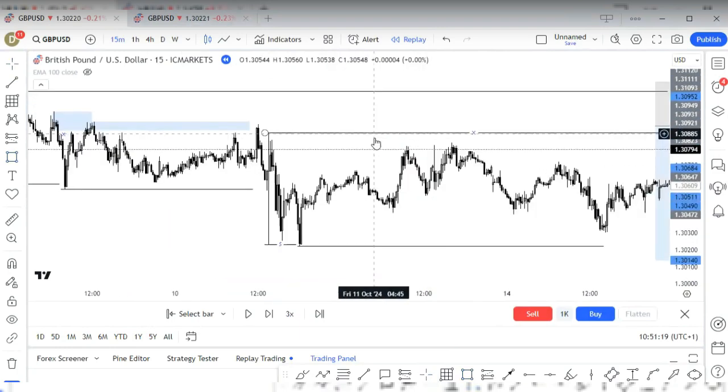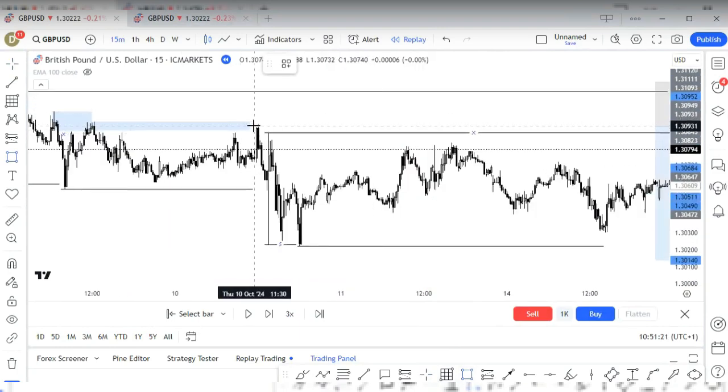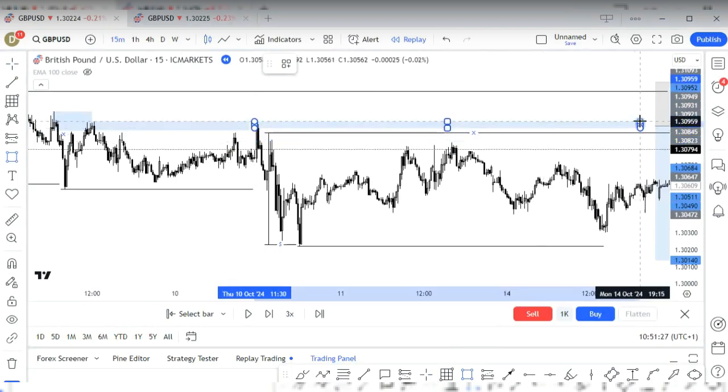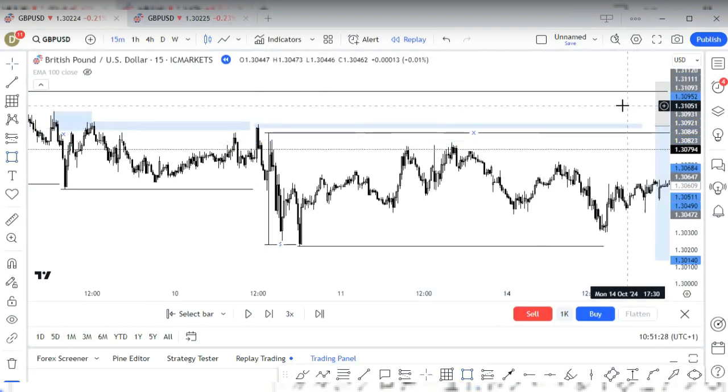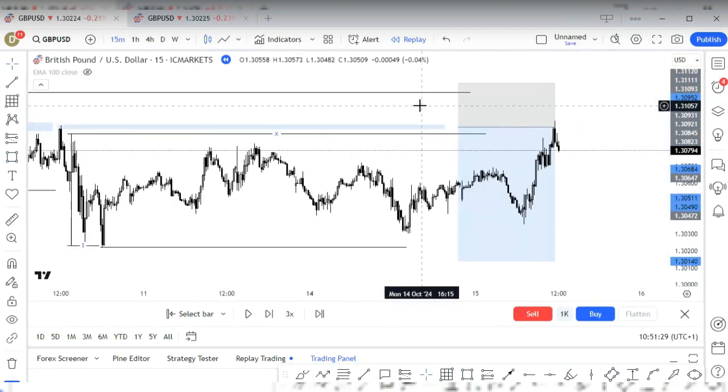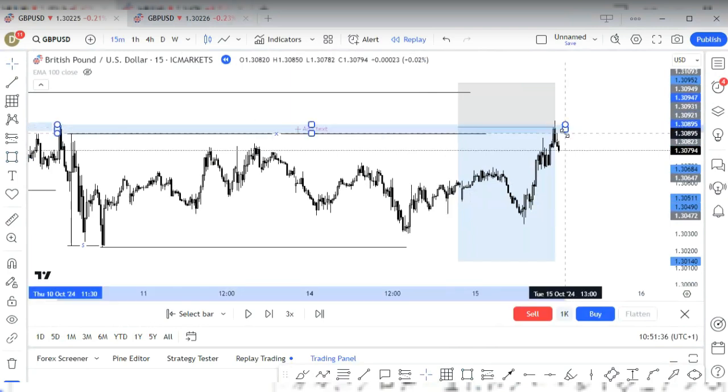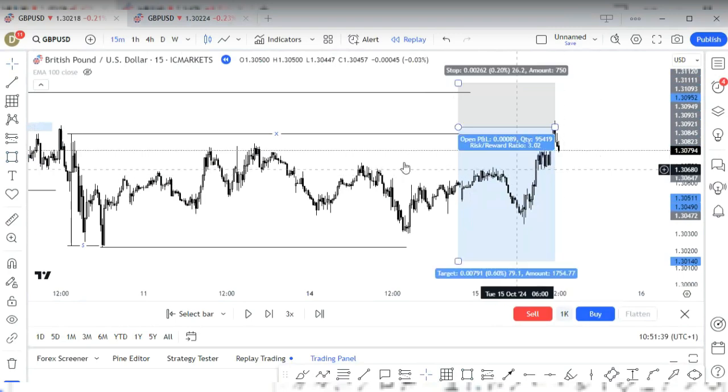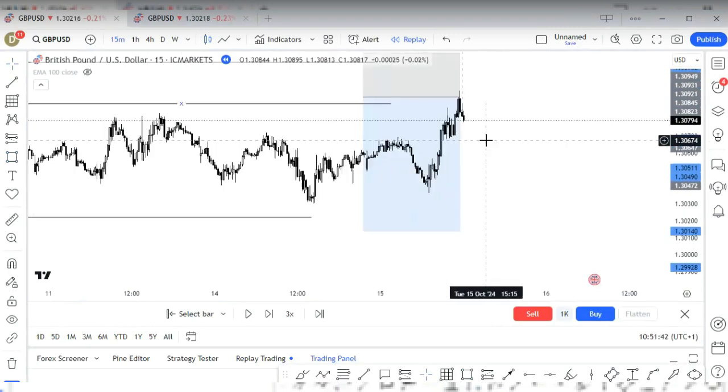Some people use this wick as a POI because it took out liquidity, but it's not necessary for me to use that because my stop loss has been covered already. The market can still come for this little POI that you are seeing, but that's not what I want. I've already placed my entry. So let's see how the market plays out.